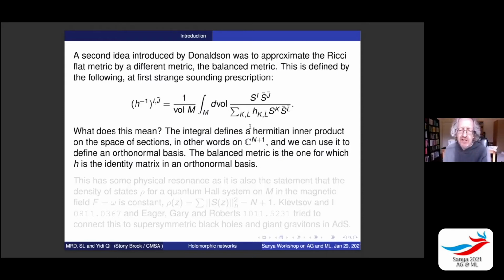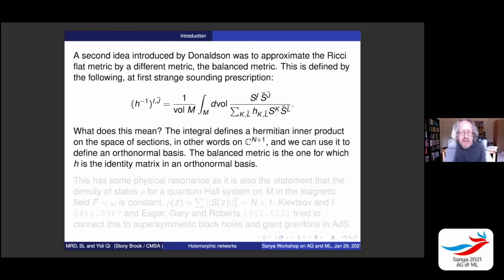We take some basis of sections. Given a metric on the projective space, we can regard e to the k as a Hermitian metric on the line bundle, and so we get a natural inner product on the space of sections.